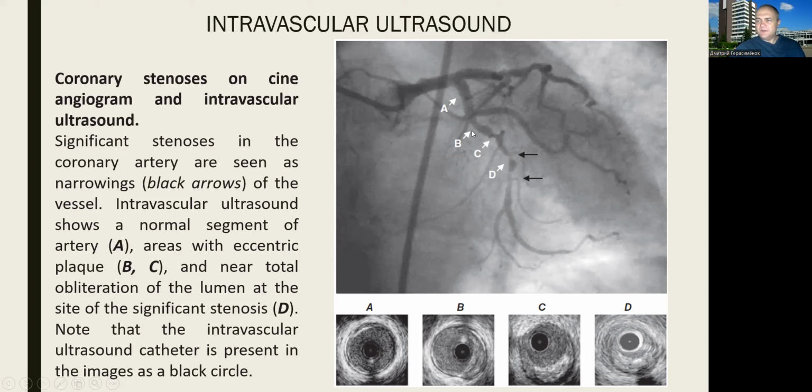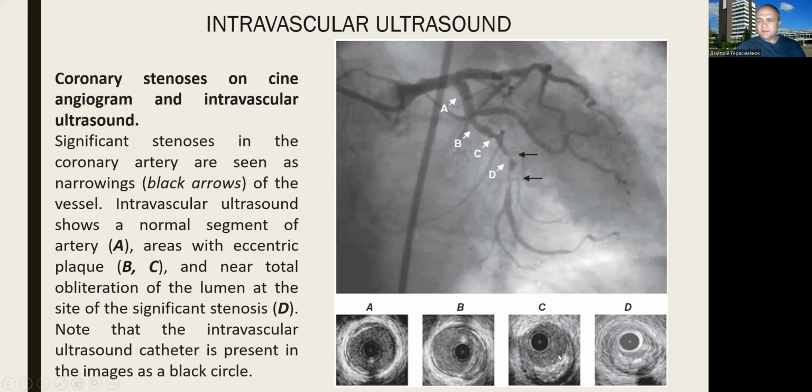On this picture you see no signs of stenosis, but the plaque is noticeable. And here, C, also no noticeable changes by angiogram, but a really serious stenosis by ultrasound.